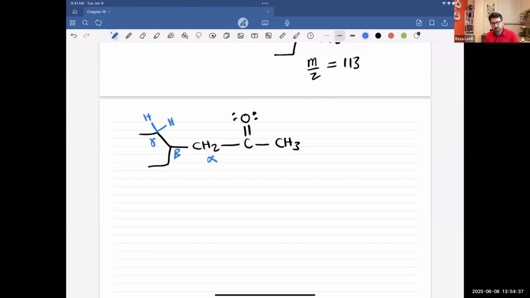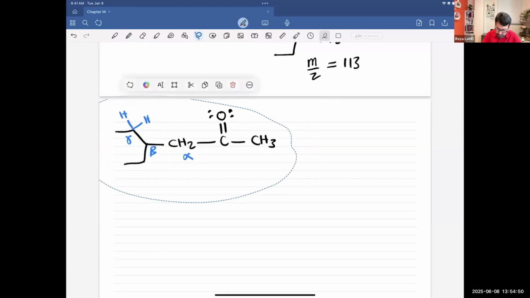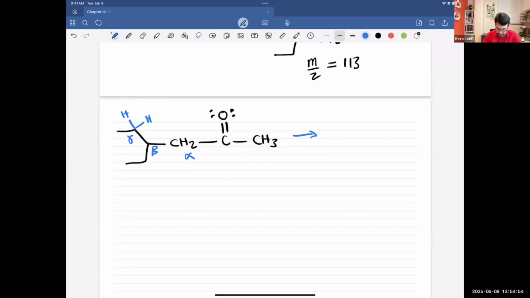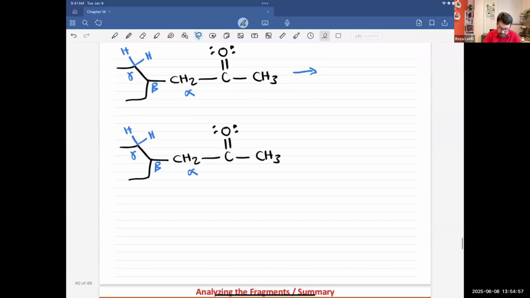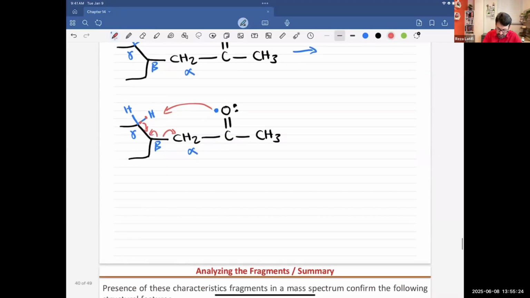Remember, when this molecule goes through the mass spectrometer, it will form this species. We will lose an electron, so one of the electrons will be gone. Now we will have only one electron there. Now we can take hydrogen: that sigma bond will share one of the electrons with carbon, and this carbon can take one electron, which means the second electron will be shared with the neighbor carbon, and we're going to get this species.